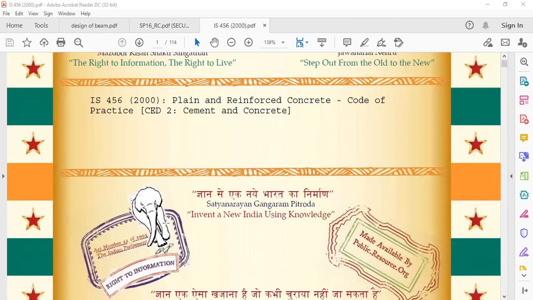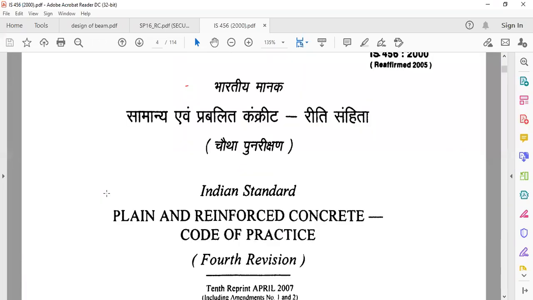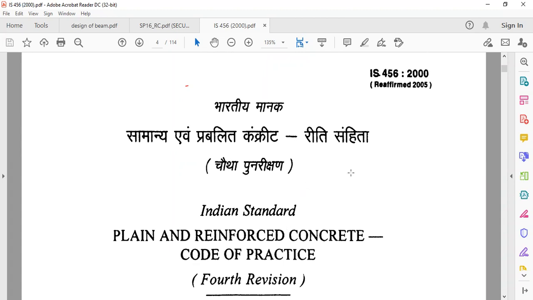We have to go through this code first of all, and whenever required, you have to take references from this code and then we can go ahead. This is IS 456, 2000.